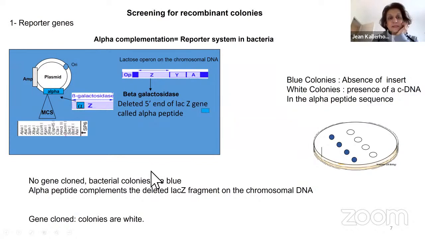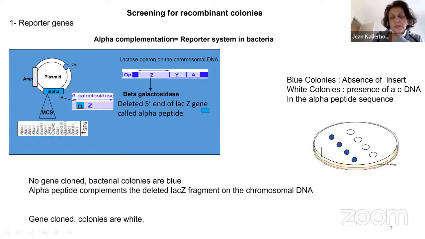And this sequence is called the alpha peptide sequence. This means that this deleted 5' Z gene will encode a peptide called alpha peptide. Okay? And on top of it, the researchers have inserted a multiple cloning site.